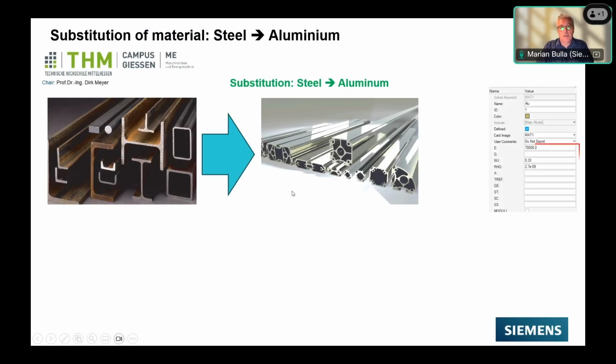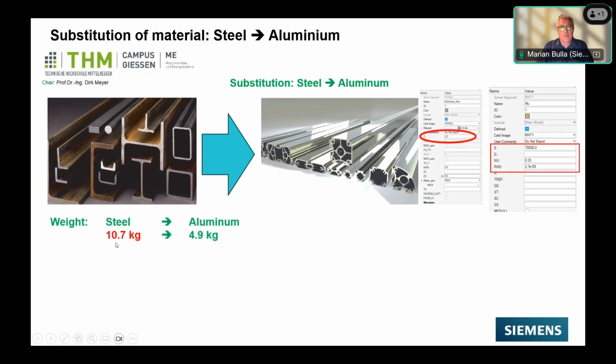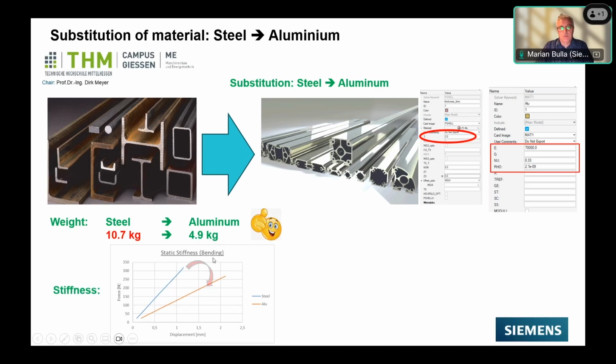And it worked perfectly well. From 10.7 kilograms, by changing the material to aluminum, we can reduce it by more than 50%, which is good. But for sure, the stiffness drops, and this is not good.